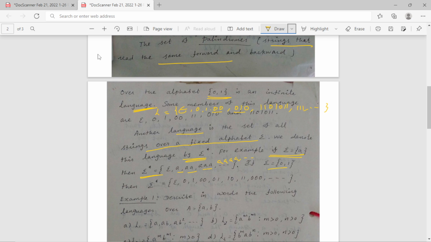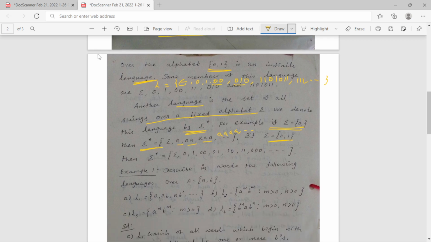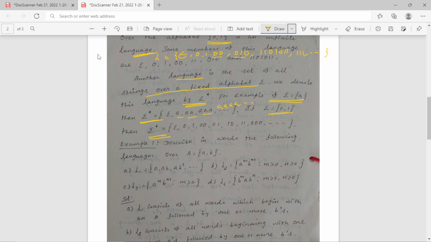If sigma consists of the symbols 0 and 1, then sigma star consists of the strings epsilon, 0, 1, 00, 01, 10, 11, then 000, 001, and so on. If it is length 3, you can start with 100, like that. So you can give so many different possible combinations.